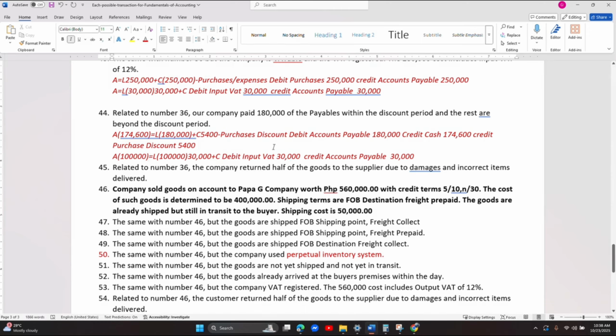So, what is the entry? It's debit accounts payable, 100,000, and then credit cash, 100,000.